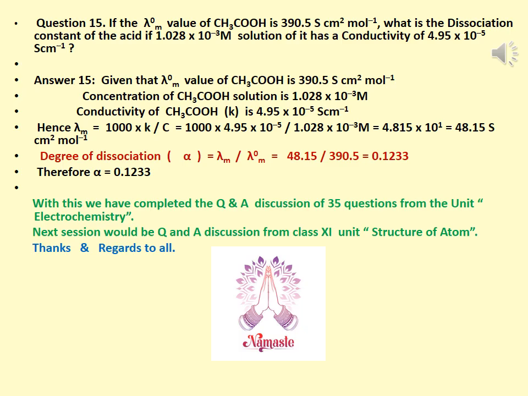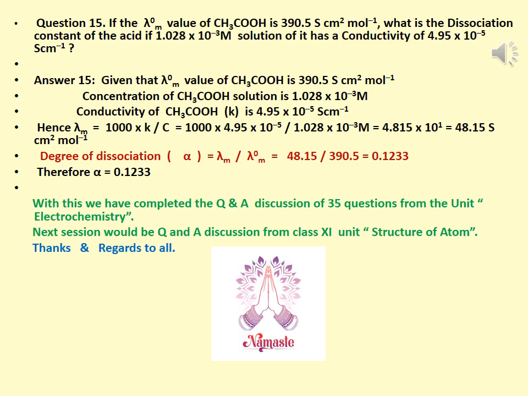We assume that a weak electrolyte like CH3COOH, acetic acid, gets fully ionized or dissociated at infinite dilution. So, lambda naught m represents the dissociation of acetic acid, which is completely dissociated.